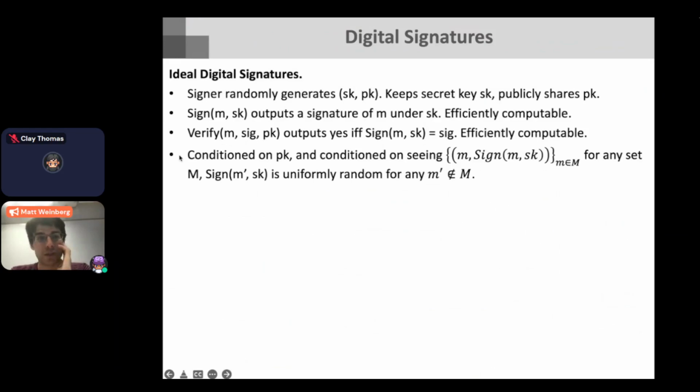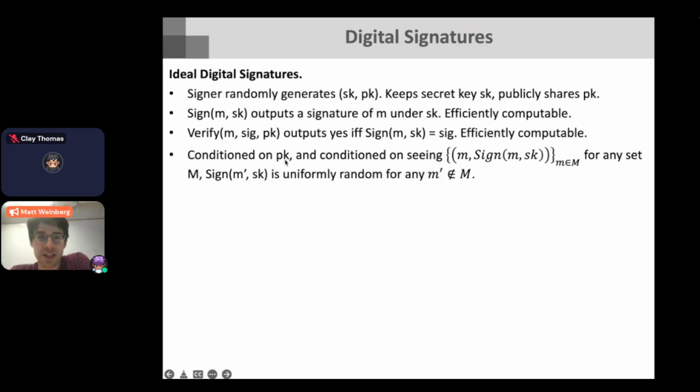And then here's this ideal property, which again, in practice you don't get this strong property, but it'll help you understand what you're getting. Conditioned on the public key, and conditioned on seeing any number of signatures for any set M, if I then ask you what a signature on M prime looks like, where M prime is not in M, you have no idea.